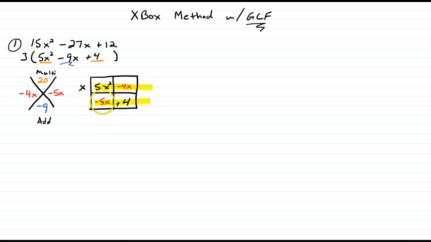So now we have, again, they don't have a common factor. 4 can't go into 5 evenly. They don't share an x, so we are going to take out a 1. Now, since this first term is negative and this second term is positive, we're actually going to take out a minus 1.